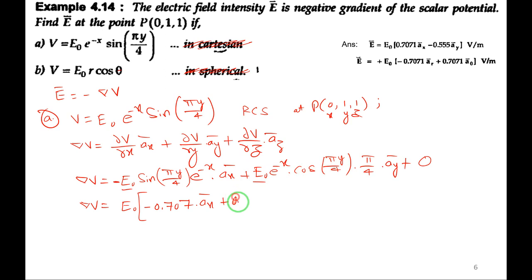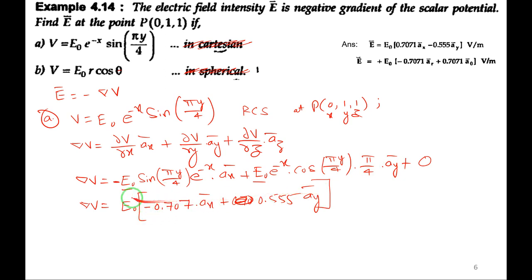I am getting 0.707, but pi by 4 is there, so I multiply with pi by 4. I am getting 0.555, ay as it is. Is it fine?